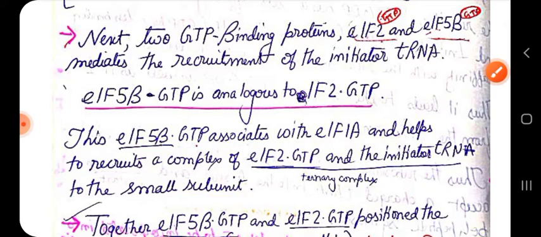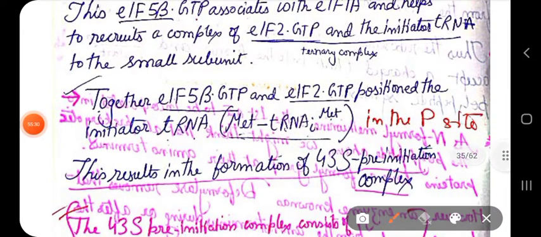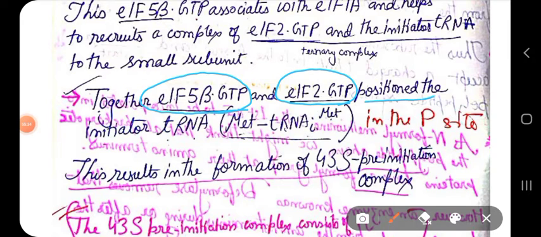Together, eIF5B and eIF2 position the initiator tRNA in the P site, and this leads to the formation of the 43S pre-initiation complex.